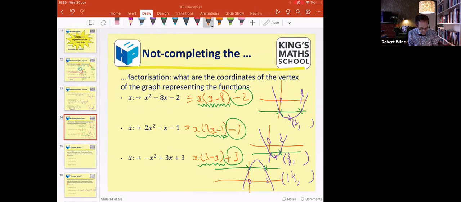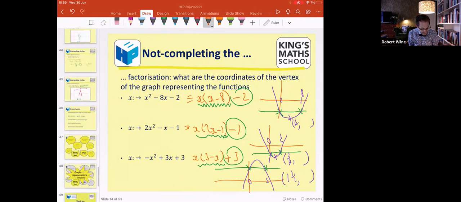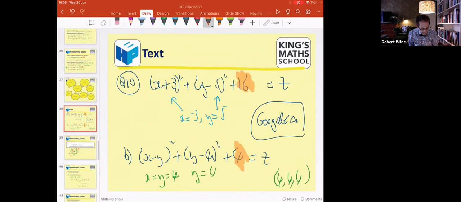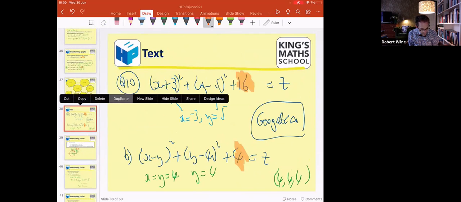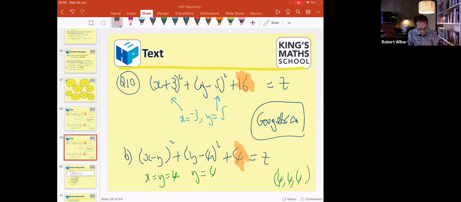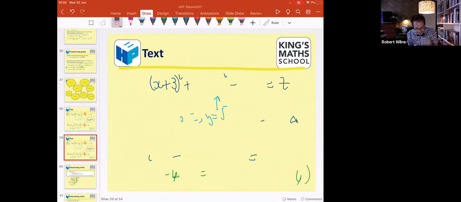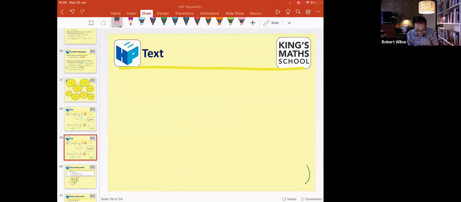I just make a blank slide, and I make it really clear to the students that it's asserting the equivalence, the identicality of the two expressions.